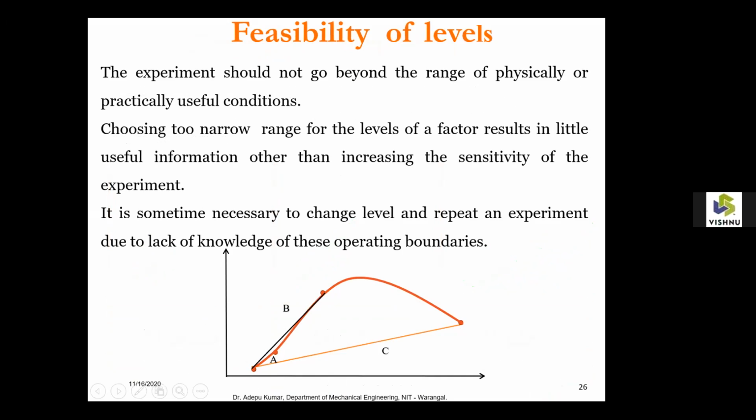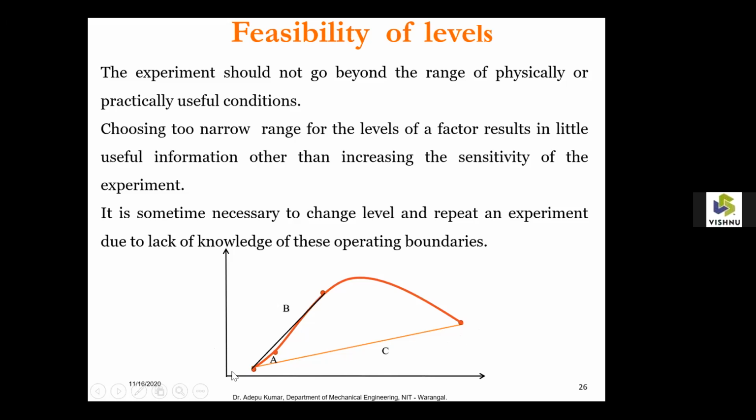Suppose the variable is cutting speed in a machining process, and I am going to see the metal removal rate. After increasing the cutting speed from 0 to C, I am getting the variation like this.